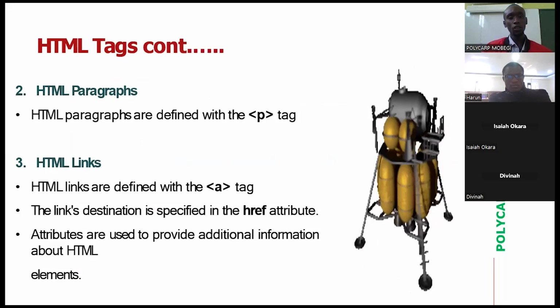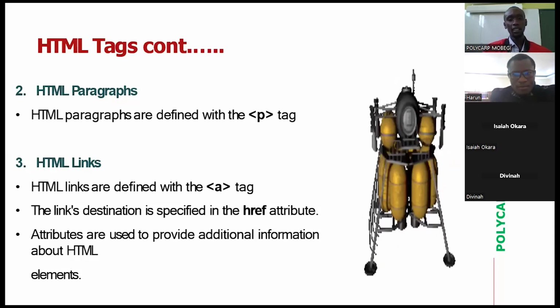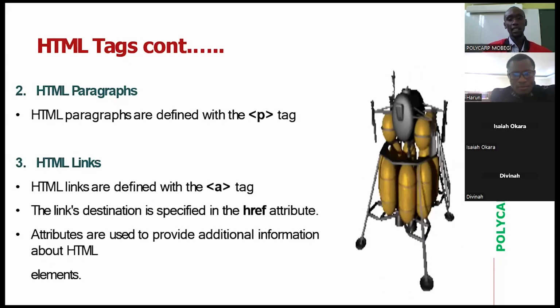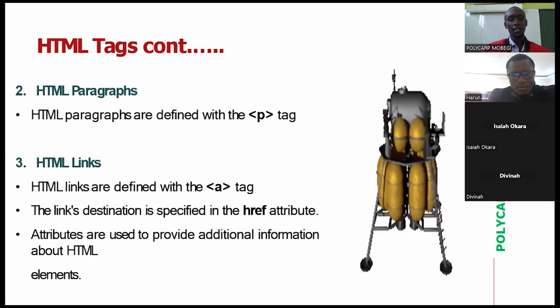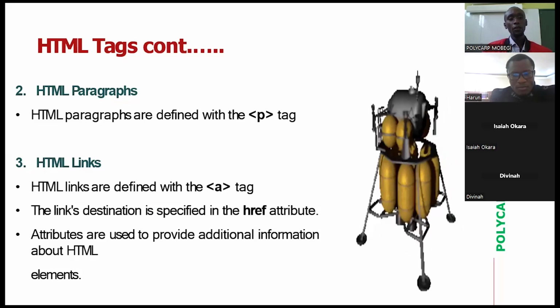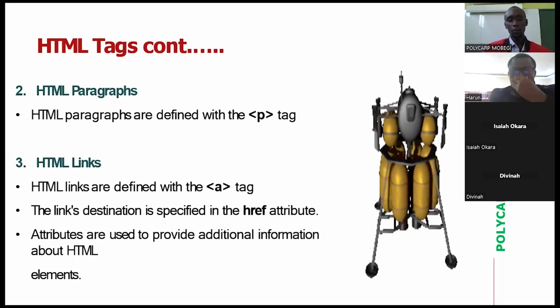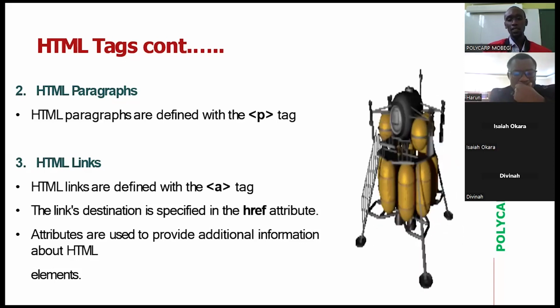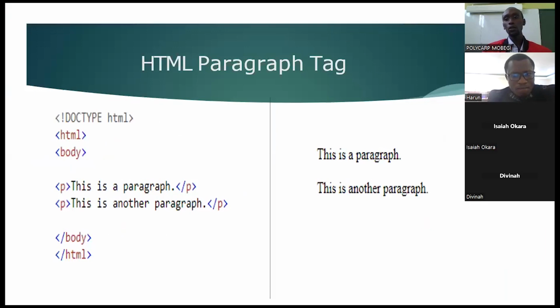HTML links are defined by the A tag, which is just like an anchor. So the A tag defines the link. If you want to define the destination of the link, you use an attribute, and that attribute is referred to as the href attribute. Now let's look at an example.